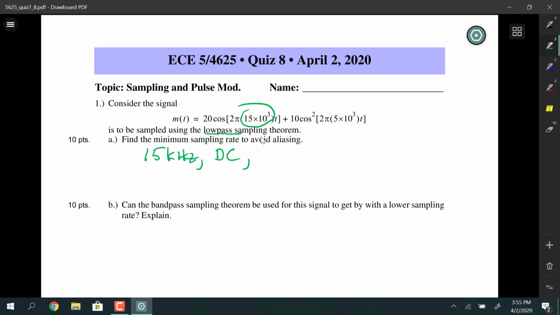Yeah, so that would be a doubling and then a difference, which would be 0. So the difference is DC, and then the doubling is going to be 10 kilohertz.